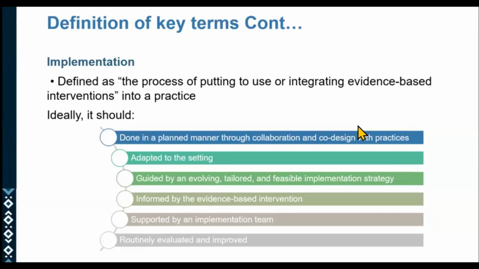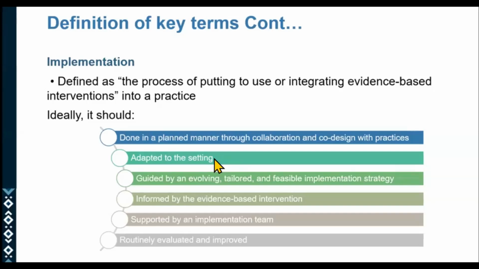And this is done in a planned manner through collaborations. You have to collaborate with the community, that's the stakeholders, and it has to be adapted to the setting. We spoke about real-world situations, which means the situations in which we live and do everything else. That's an uncontrolled environment, and these settings differ for different people. What works in one setting may not be what will work in another setting.